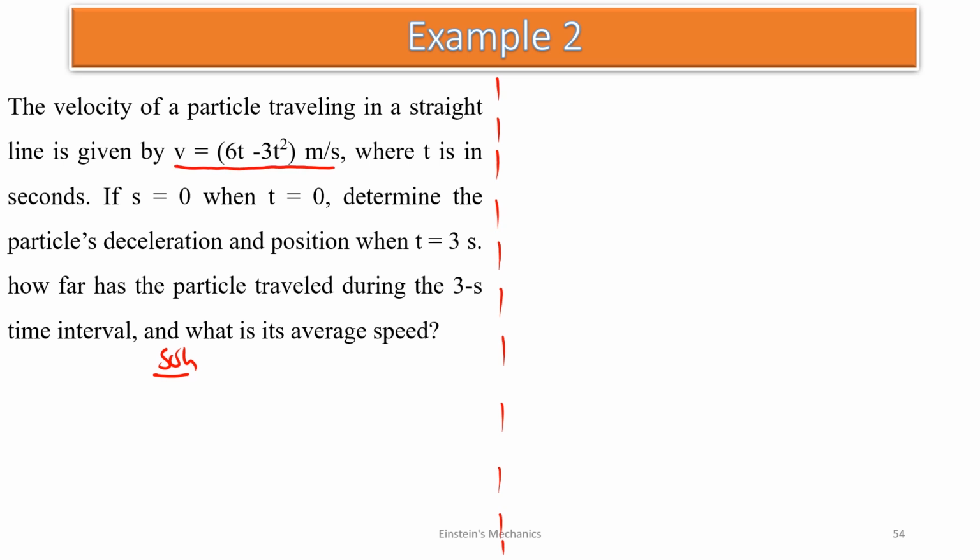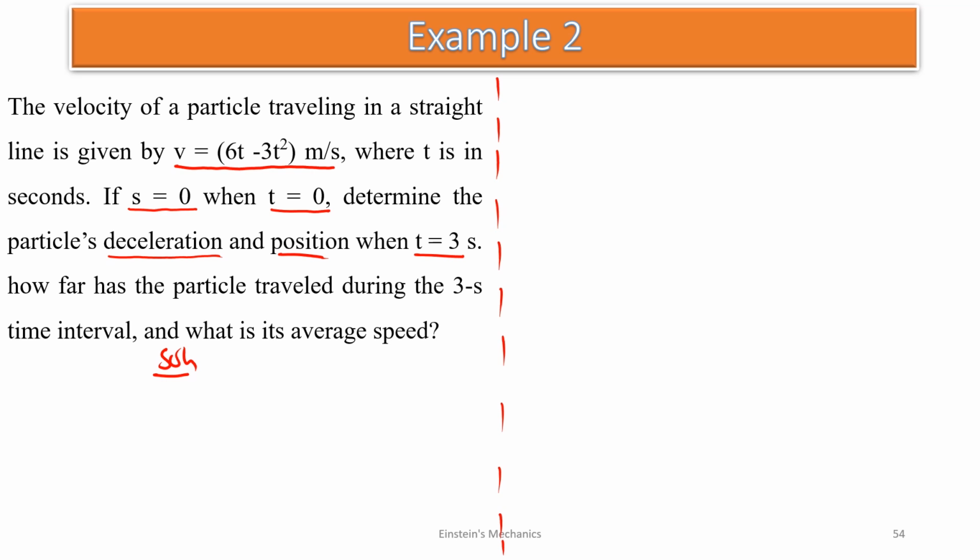If at x equal to 0, which is the origin, the time was 0, meaning at time 0 the particle had not moved. Determine the particle's deceleration and position when t is 3 seconds. We are also interested in how far, so let's first solve the first part.